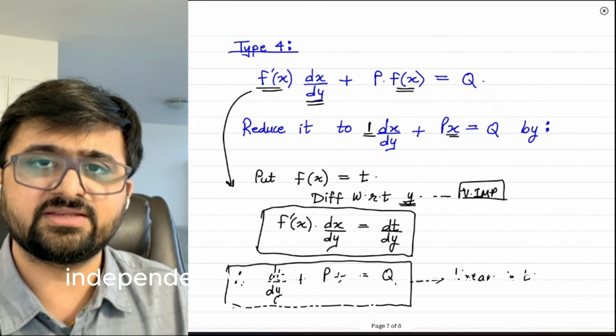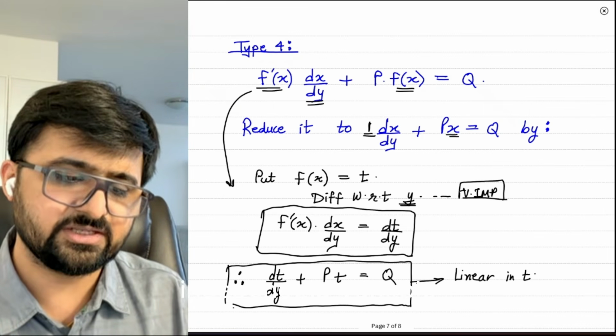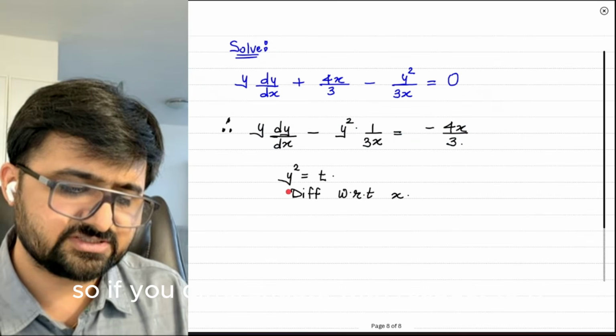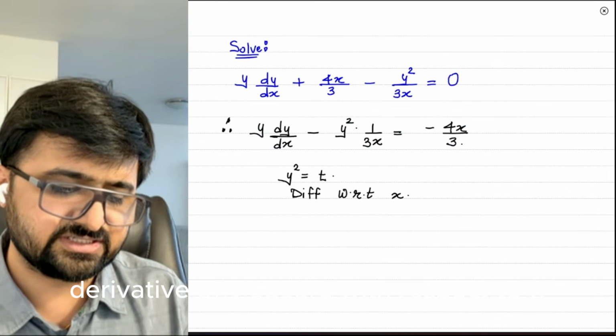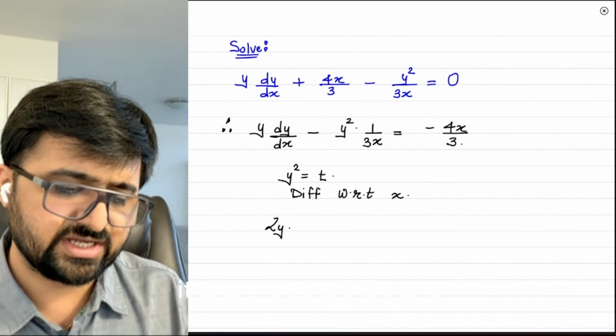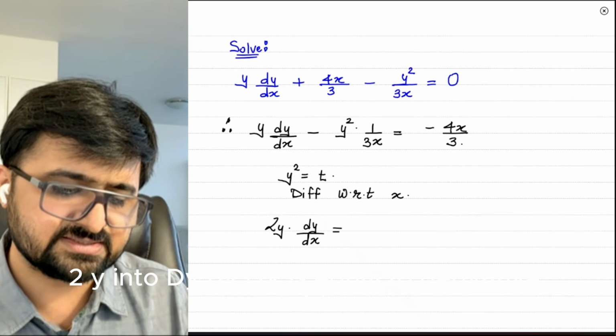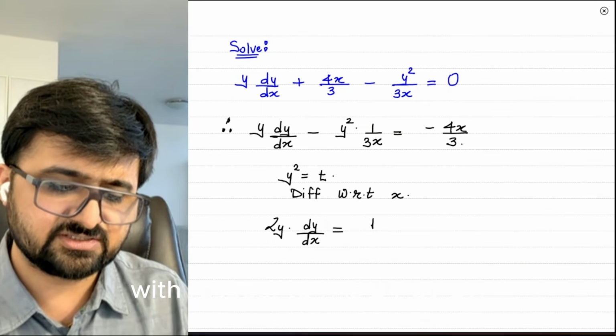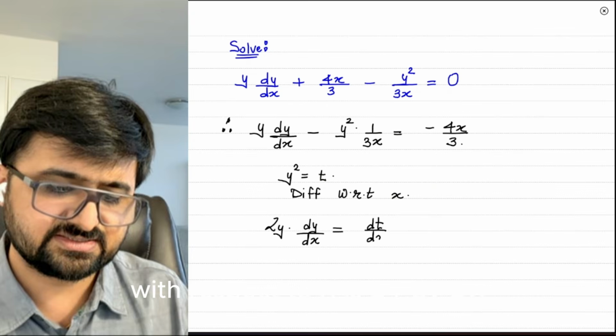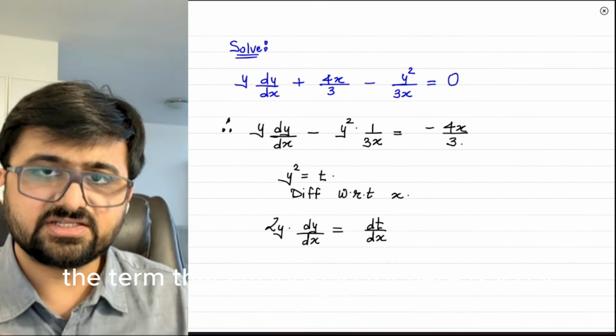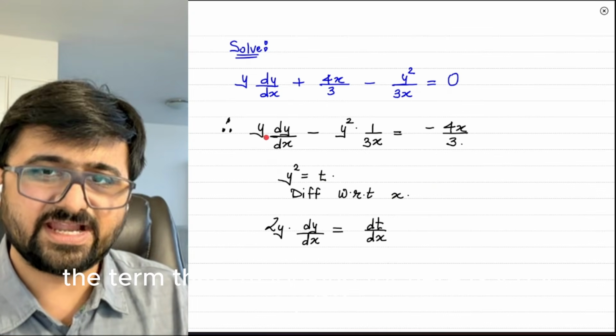In this case, the independent variable is x. So if we differentiate with respect to x, the derivative of y^2 with respect to x is 2y dy/dx, which is equal to the derivative of t with respect to x, dt/dx. The term that I'm looking for here is y dy/dx.